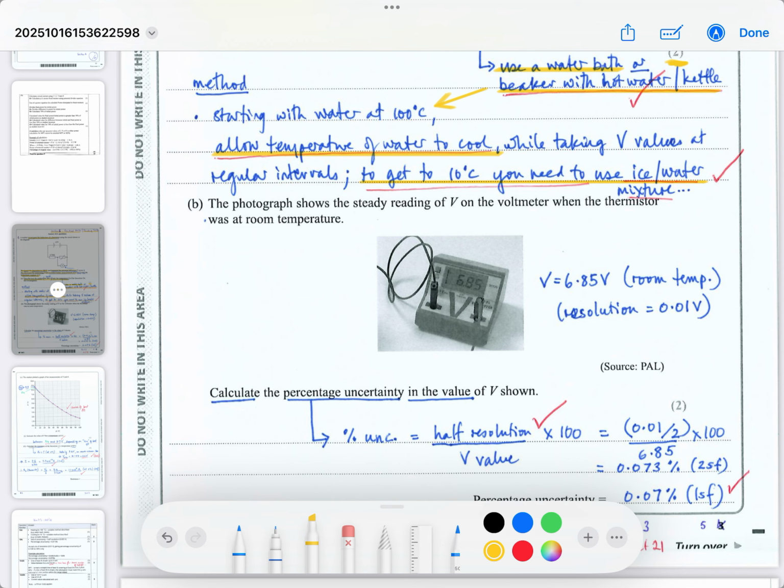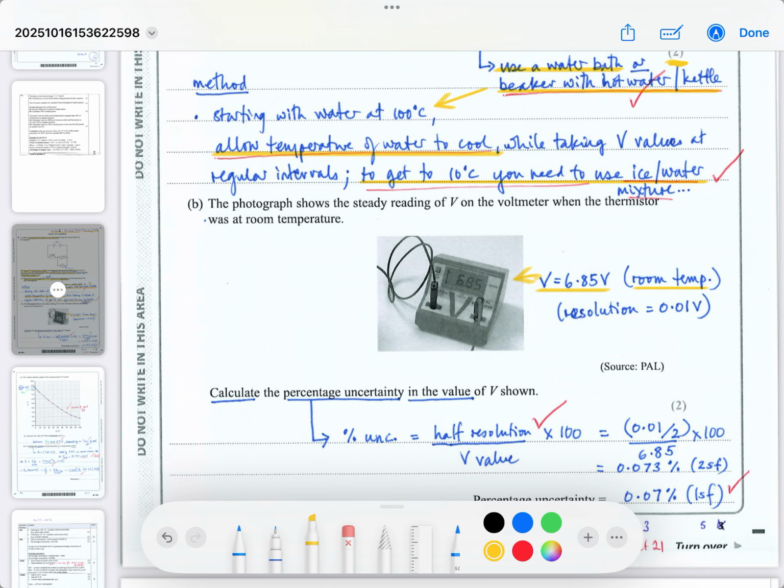The photograph below shows a steady reading on the voltmeter, which is reading 6.85 volts in this picture, when the thermistor was at room temperature. So this is the room temperature voltage.